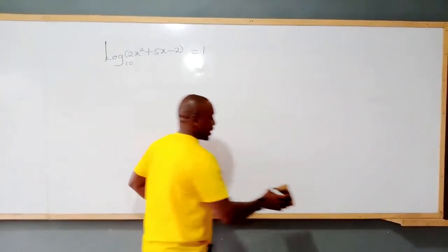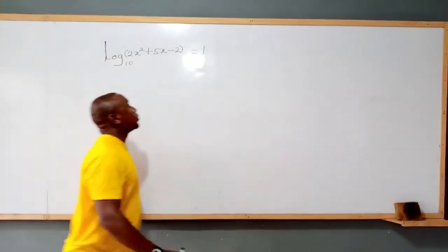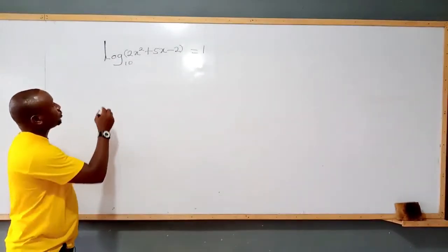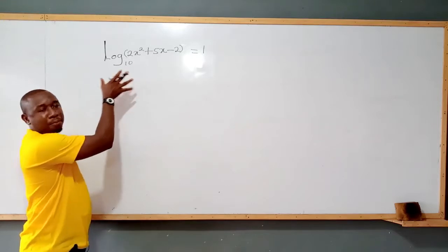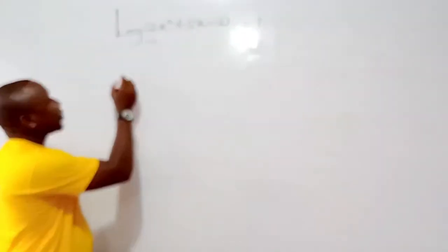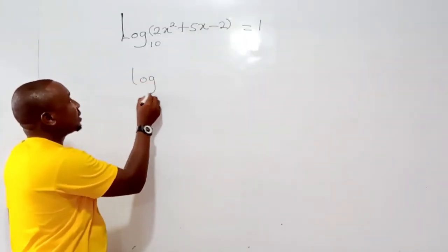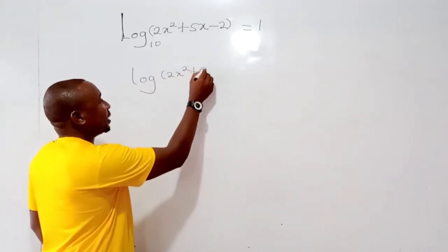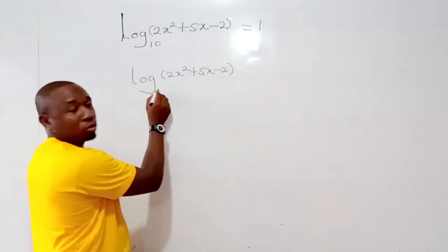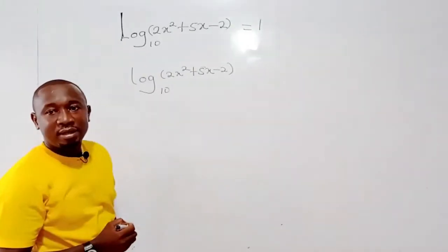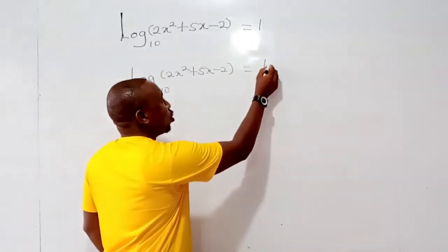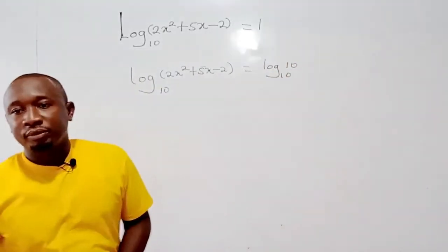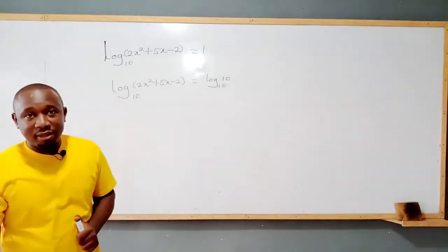If the understanding is clear now, then we can say that from this particular question, log of 2x squared plus 5x minus 2 to the base 10 is the same as log 10 to the base 10.